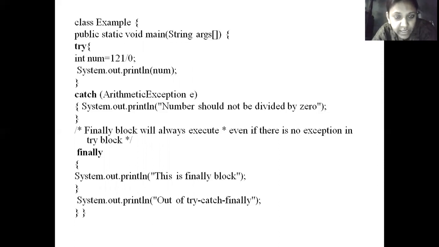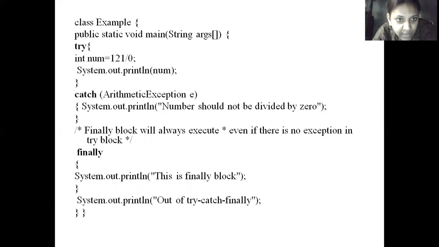We are creating one object e of ArithmeticException, so that when the exception occurs, control transfers from the try block to the catch block, which takes one object of type ArithmeticException.